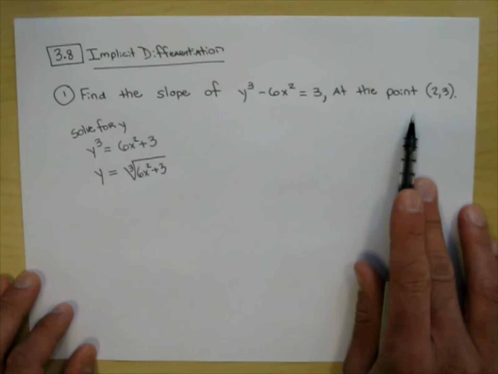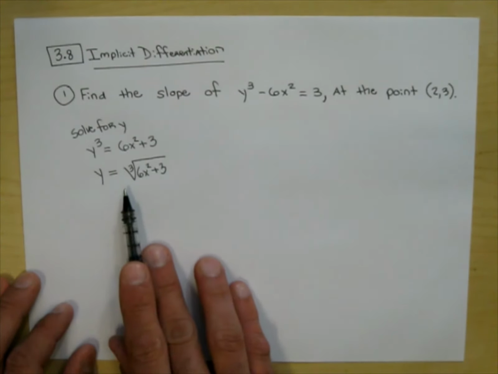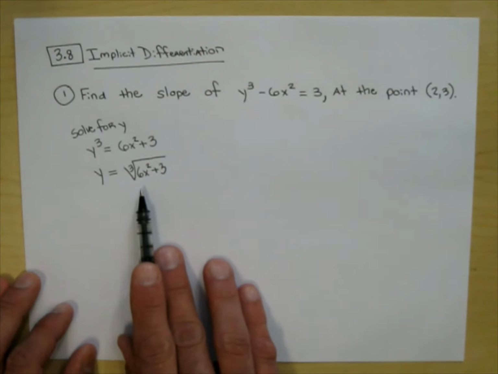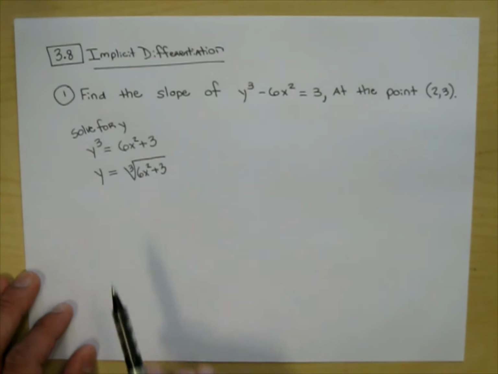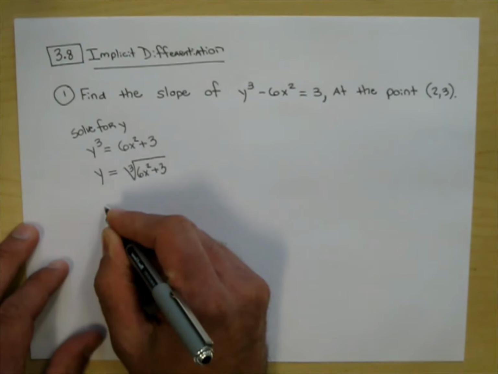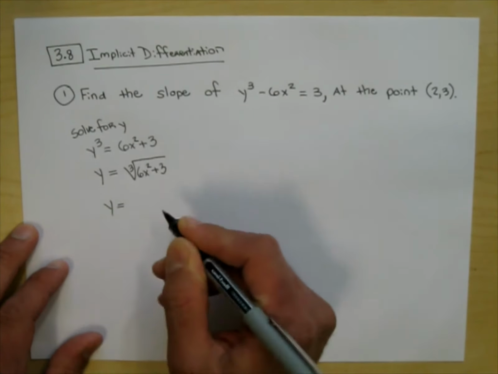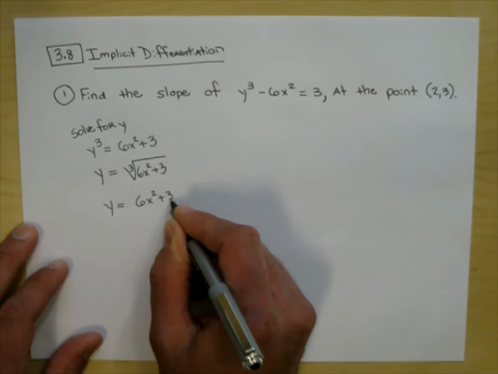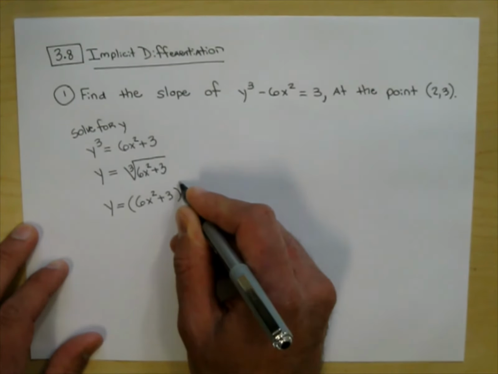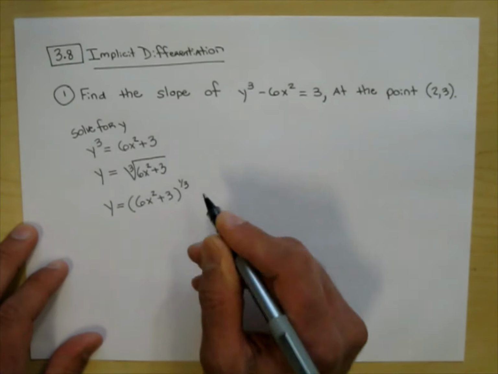So let's go ahead and find the slope function by taking the derivative. Before I take the derivative, I want to write this cube root as a 1/3 power. So we have (6x squared plus 3) to the 1/3 power.